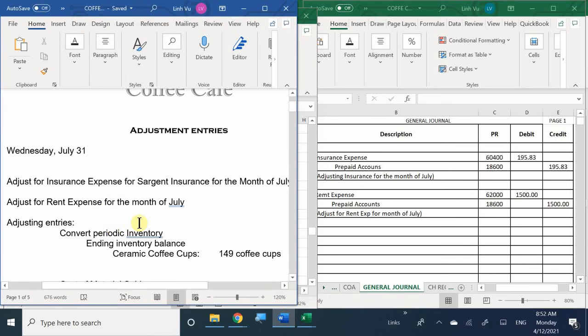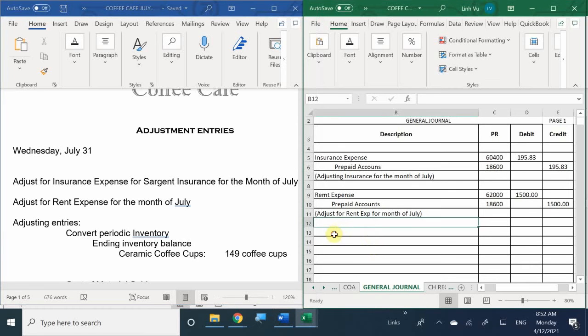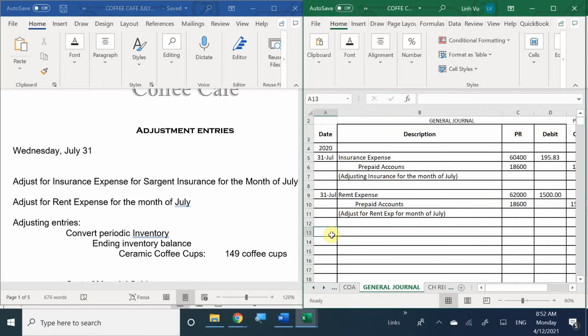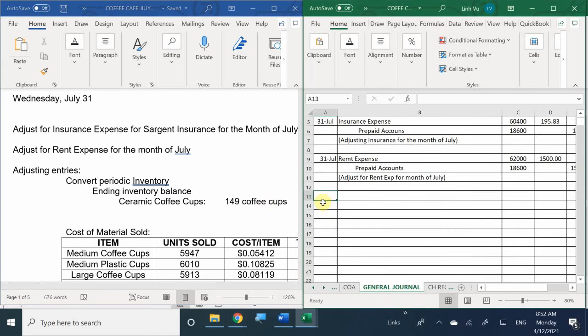Yes. Okay. So then, what has happened next? Convert periodic inventories.